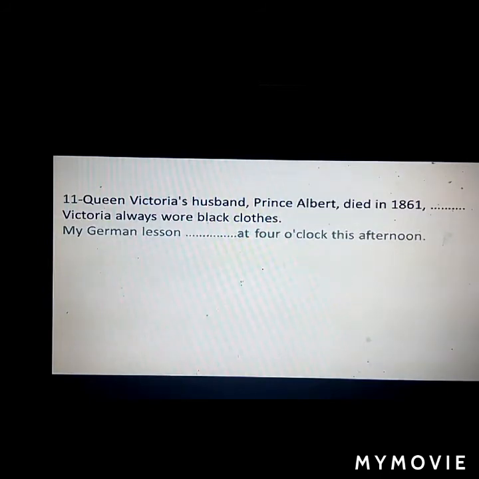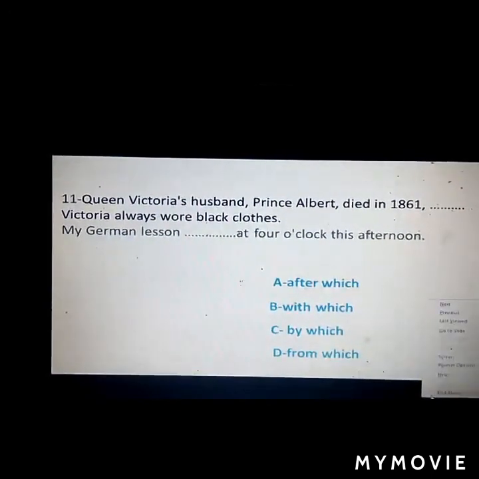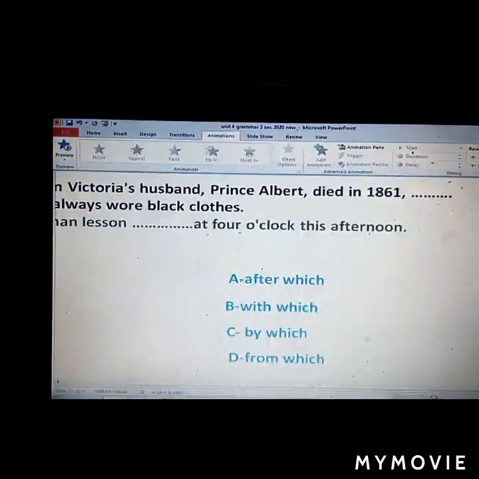Queen Victoria's husband, Prince Albert, died in 1861. ___ Victoria always wore black clothes. And there is something wrong here. Remove it.